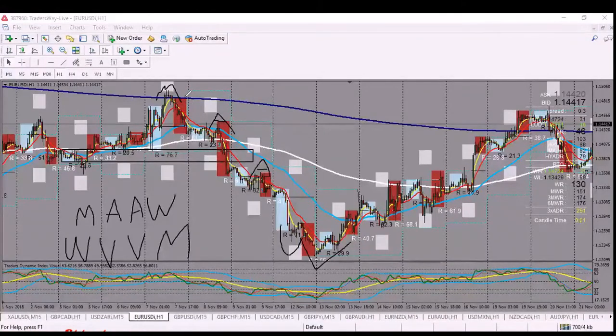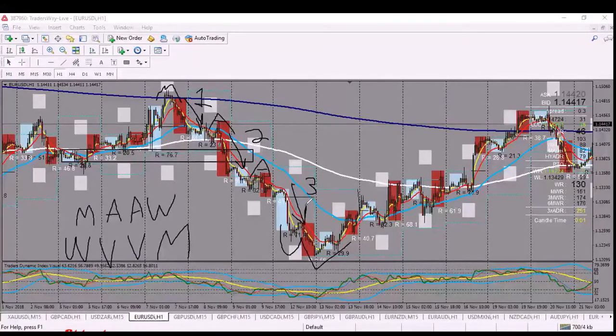So we have an aggressive move down, level 1, a level 2, aggressive move to the downside. So this is 1, 2, an aggressive move to the downside. 3 aggressive moves to the downside.